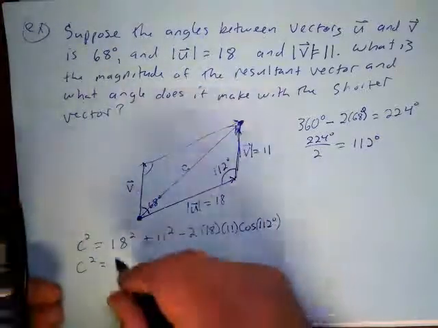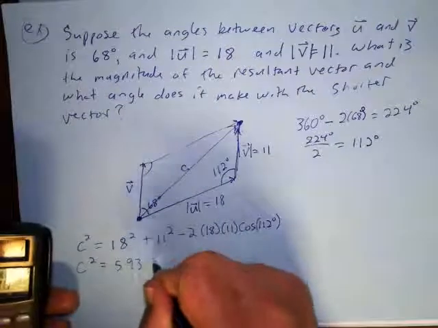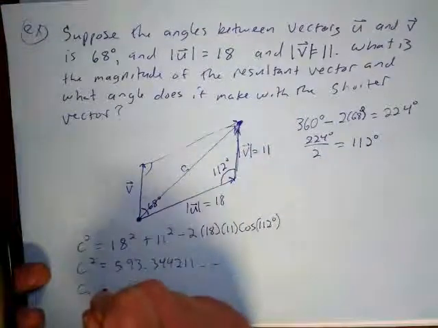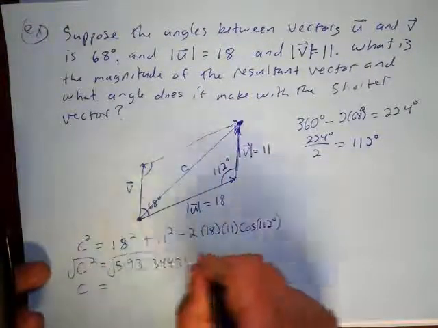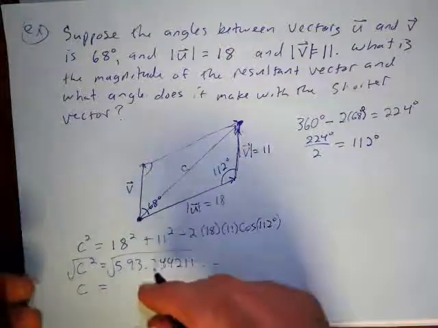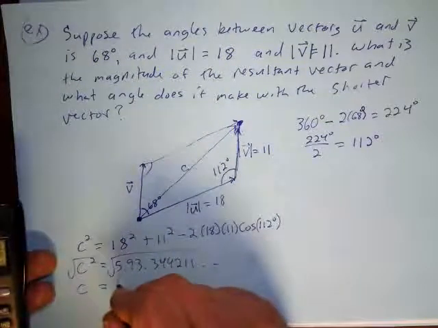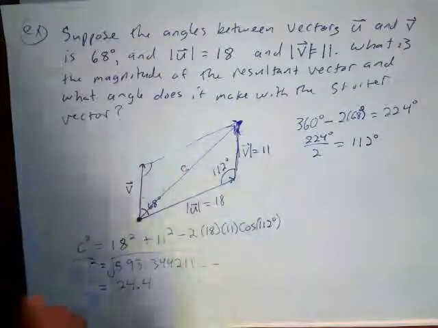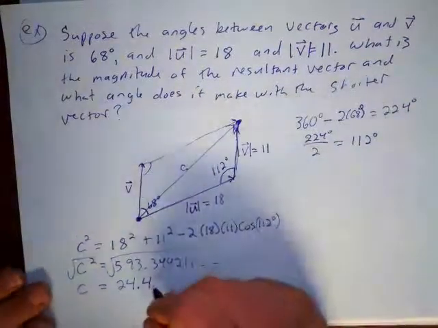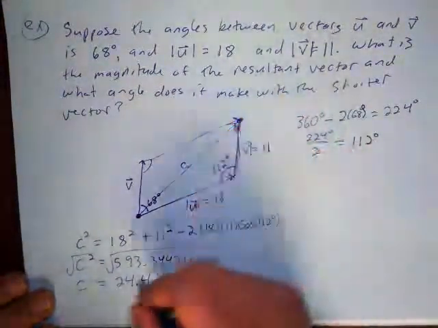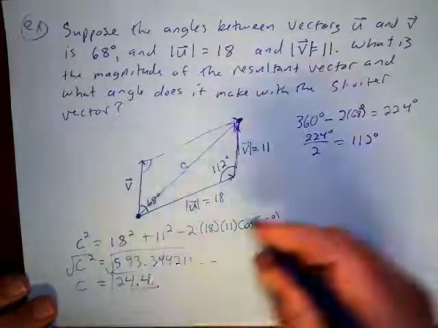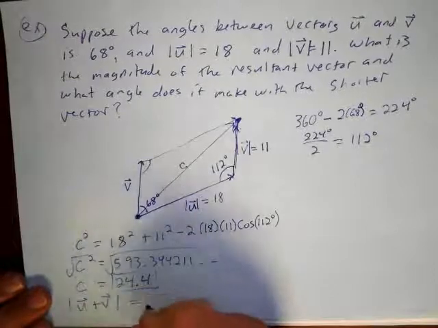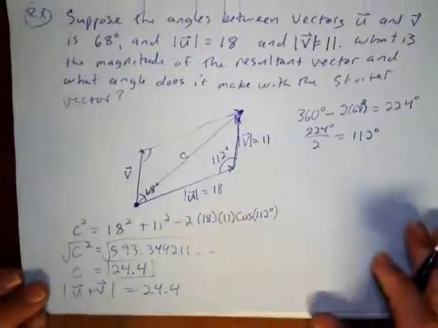You get this whole thing, 593.344211, and so on. And c is just going to be the square root of all this, and I get 24.4 when I round to the nearest tenth. So that's the magnitude. u plus v, the magnitude is 24.4.